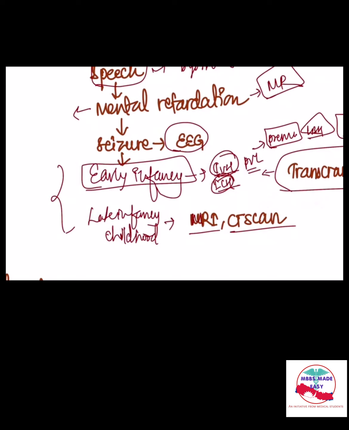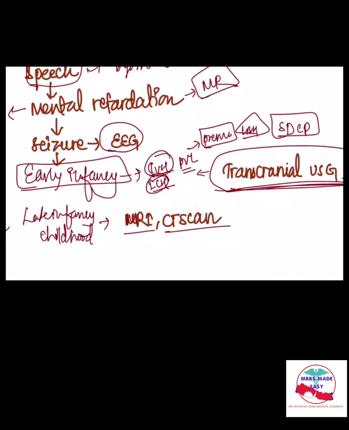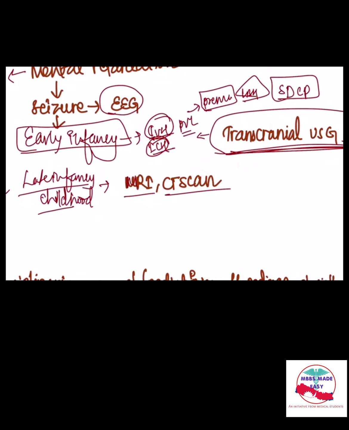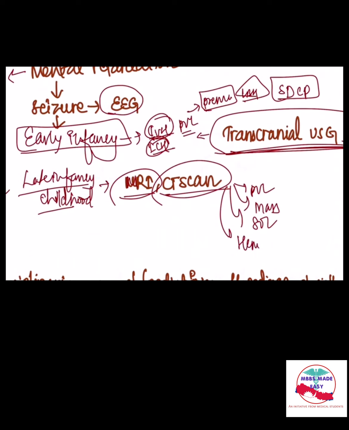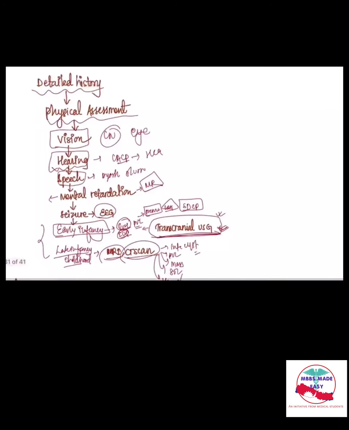Once again, if the child is in early infancy, do transcranial ultrasound. If the child is in late infancy or childhood, do MRI, do CT scan. You can find periventricular leukomalacia, you can find a mass or space-occupying lesion, you can find hemorrhage, you can find infected cysts, and all those things, right? Okay, so this is all about the investigation of cerebral palsy.